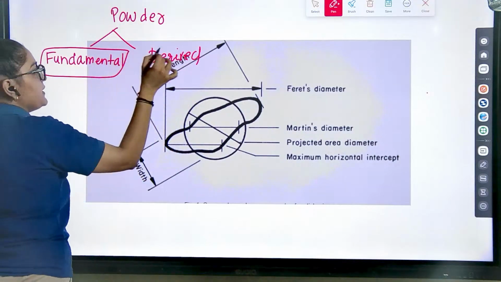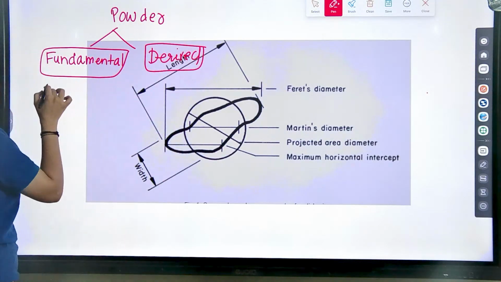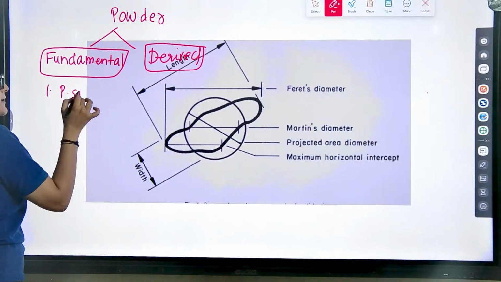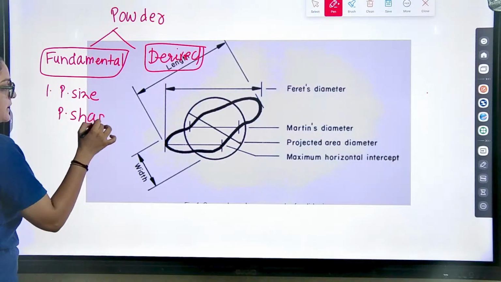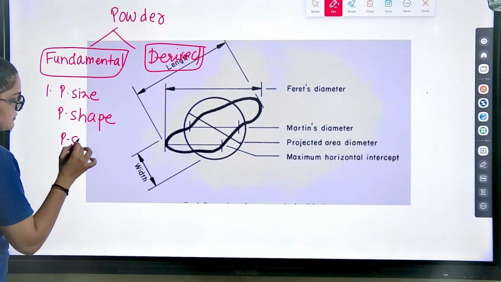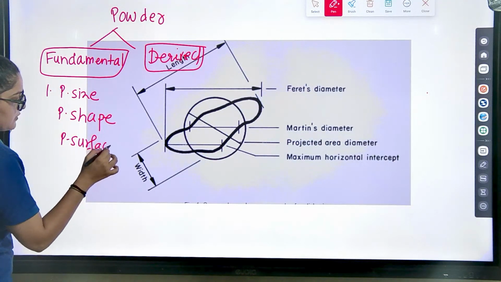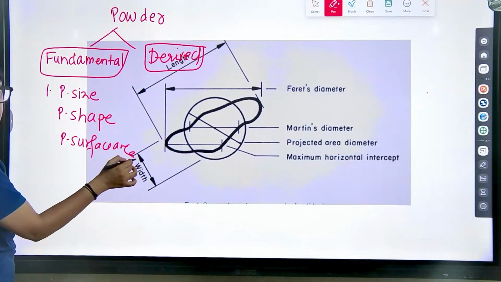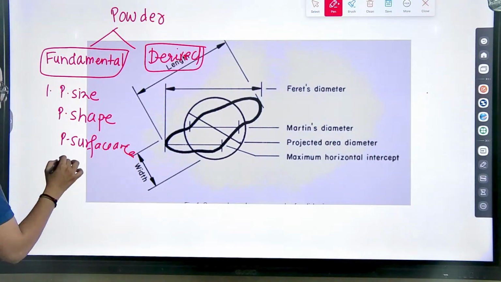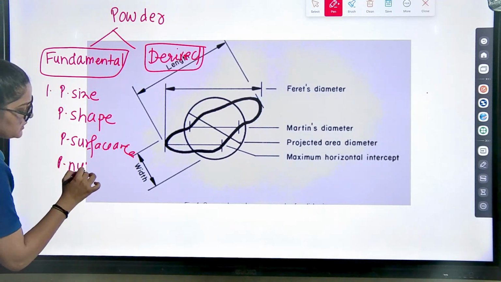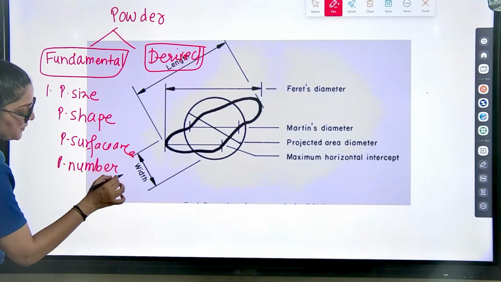Fundamental and derived. Fundamental properties include particle size, particle shape, particle surface area, right? So particle size, shape, number, all these are fundamental properties.